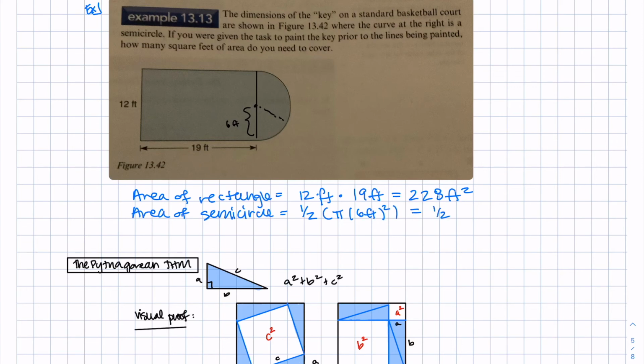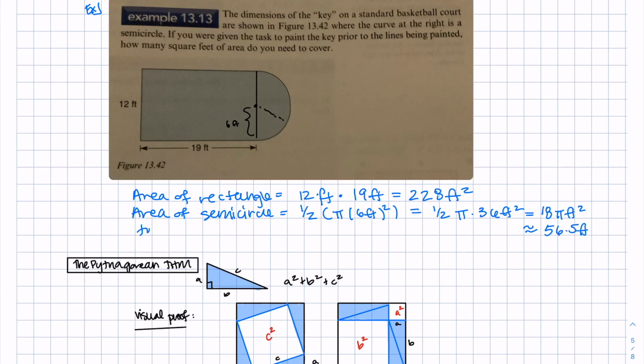So this is 1/2 pi times 36 feet squared, which is 18 pi feet squared. And since this unit involves pi, but the other one doesn't, I'm going to just multiply 18 by pi, or approximately 3.14, and this is 56.5 feet squared approximately.